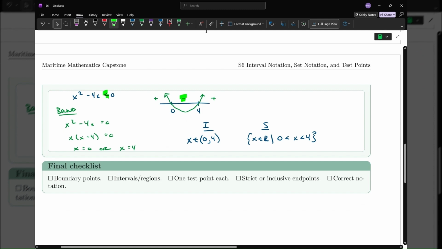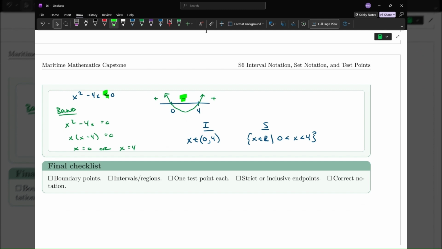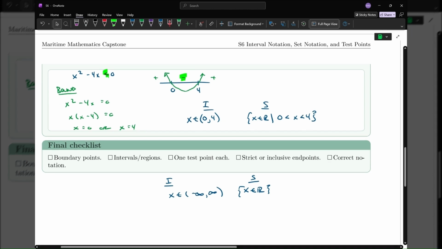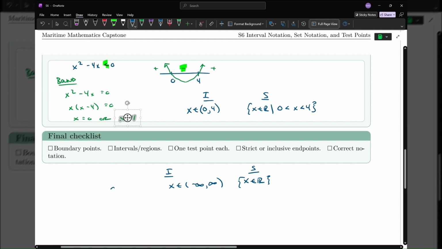I said at the end I would look back at interval versus set. If it's an open domain, so there's no restrictions, in interval notation you would say x can be anything from -infinity to +infinity. That feels a little clunky. In set notation, it's a little better because you could just say x is an element of the reals. That's a little nicer. The other one where set notation is sometimes nice is if you're just missing one number.